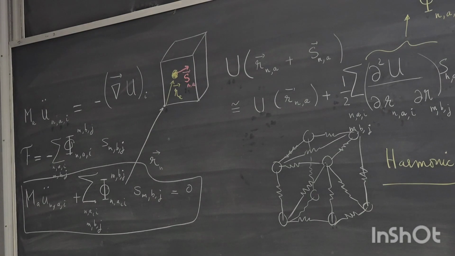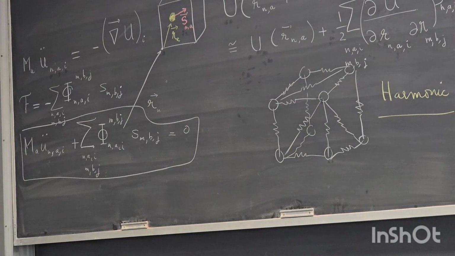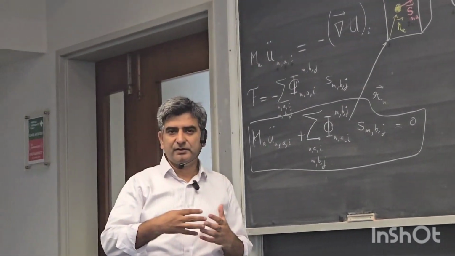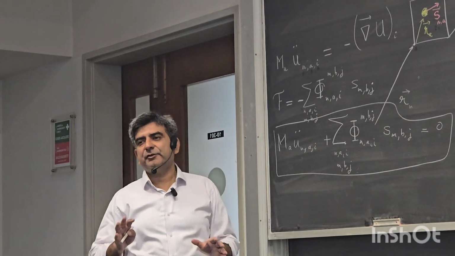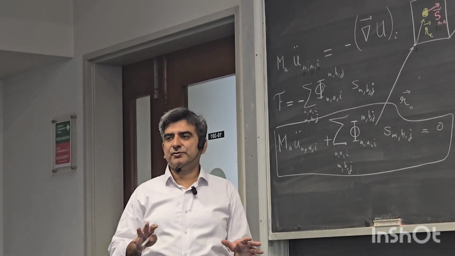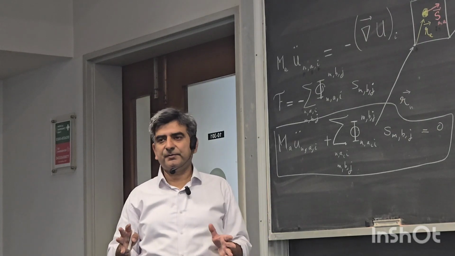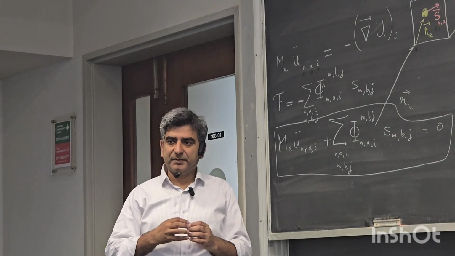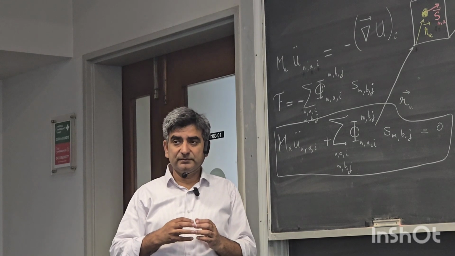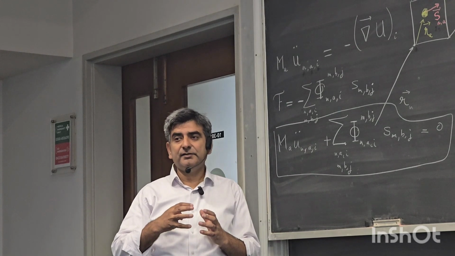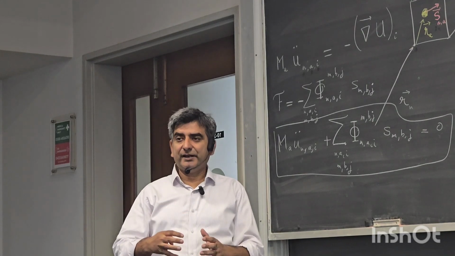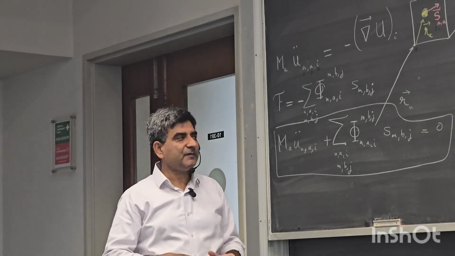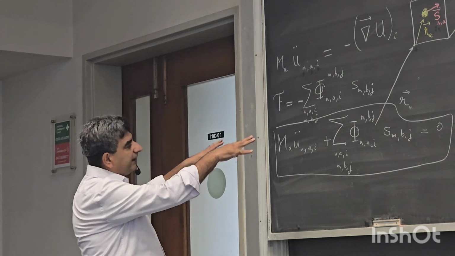So now we have an equation of motion, and we need to solve this equation of motion to look at the kinds of oscillations these atoms can have inside the solid. These oscillations are very similar to the normal modes. These are just the normal modes of this large collection of atoms. If there are capital N unit cells, and R atoms in a basis, there will be R times N atoms and 3 times R times N degrees of freedom of the system. So there will be 3RN equations of this kind.